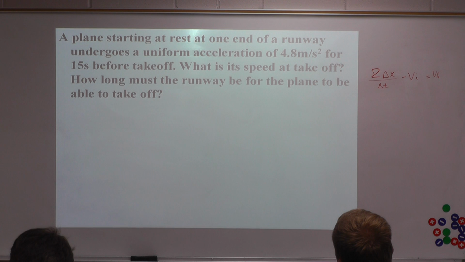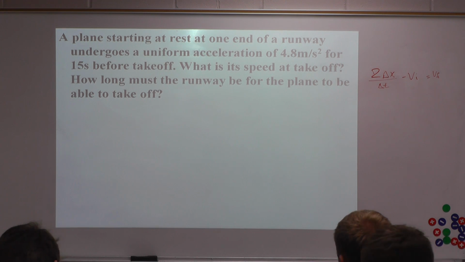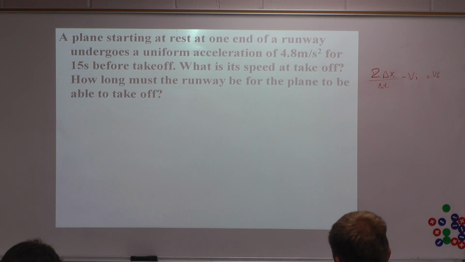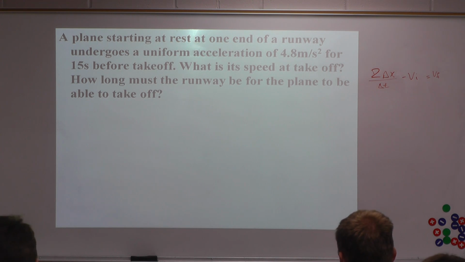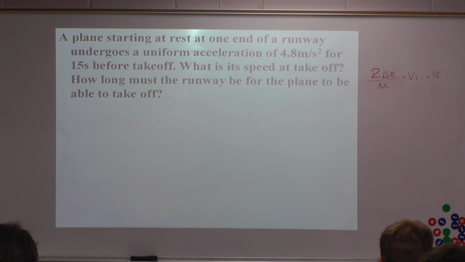Shouldn't that be velocity? Yeah, that should be velocity, not speed.